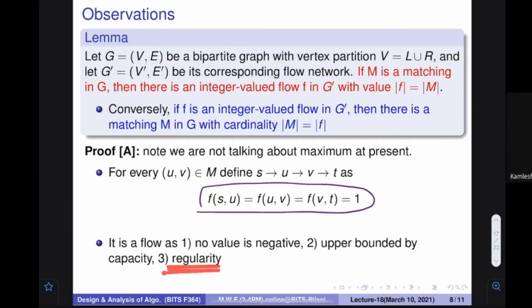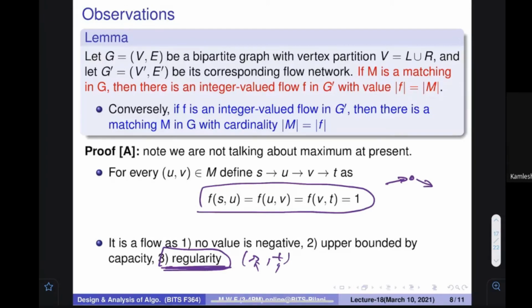Third thing is the regularity condition. It is an important condition that tells us that in all the nodes, whatever is coming in is the same as what is going out. Only S can produce more and T can absorb more. All other nodes should have the regularity property: whatever is coming in should go out. This property is also satisfied.